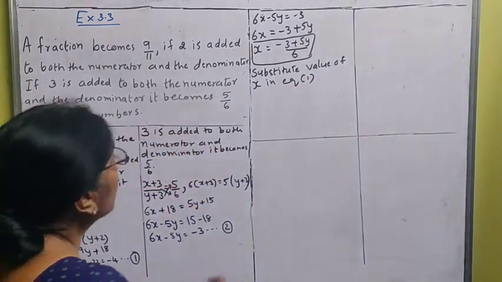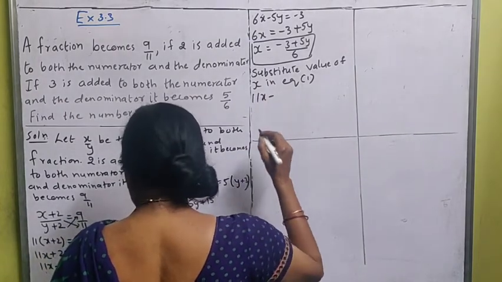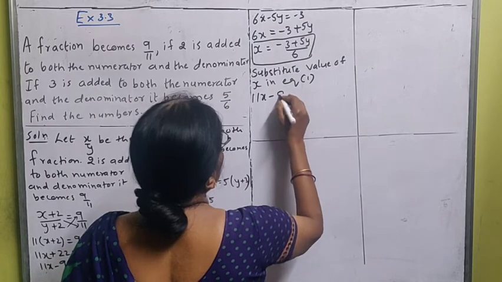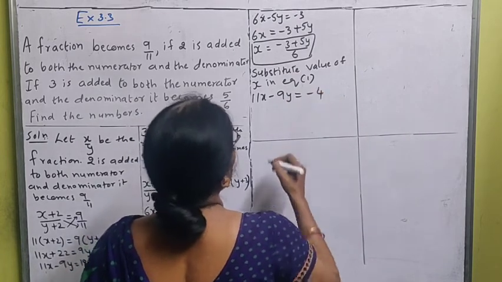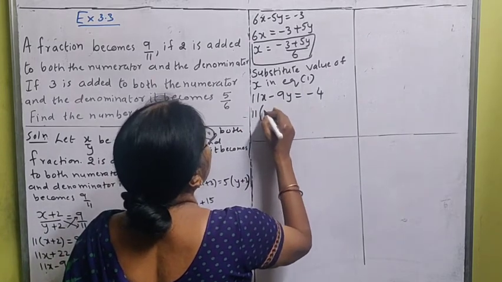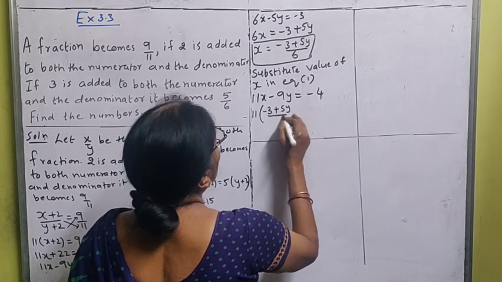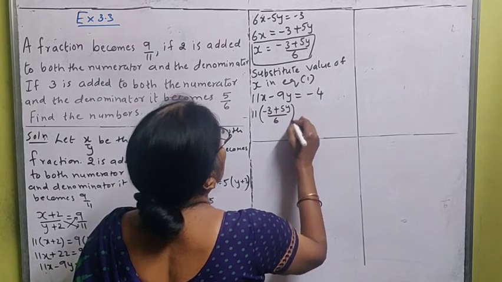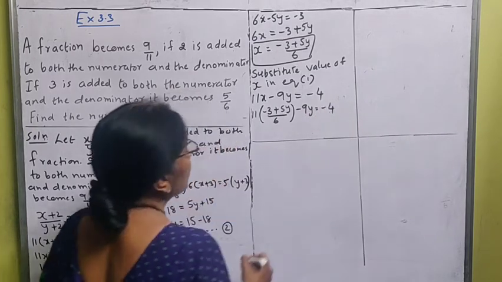What is your equation 1? 11x minus 9y is equal to minus 4. So the x value: 11 in the bracket, minus 3 plus 5y whole divided by 6.